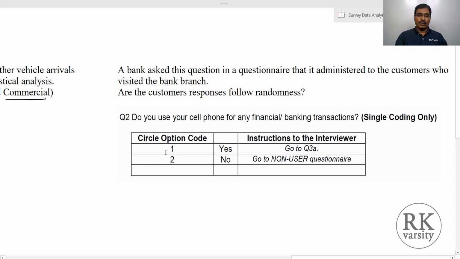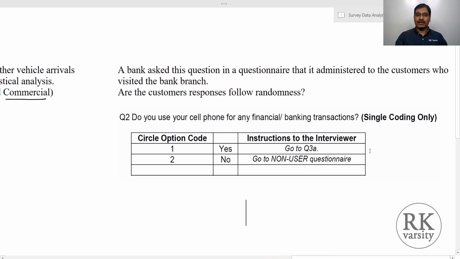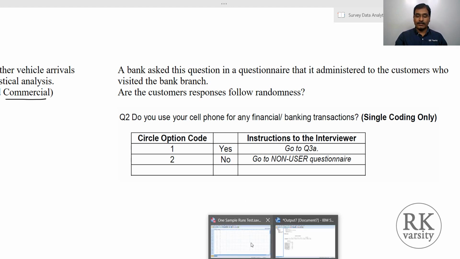So circle code 1 for yes and 2 for no. With this we will be knowing whether there is randomness among the customers who are arriving into the branch, because to analyze a chi-square test on the association of respondents and their usage of banking transactions, you need to see that there is randomness in your data collection. So here we have our data.